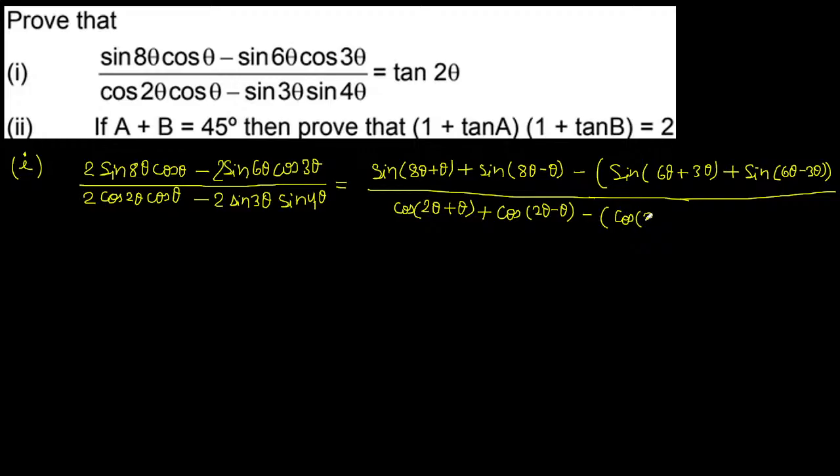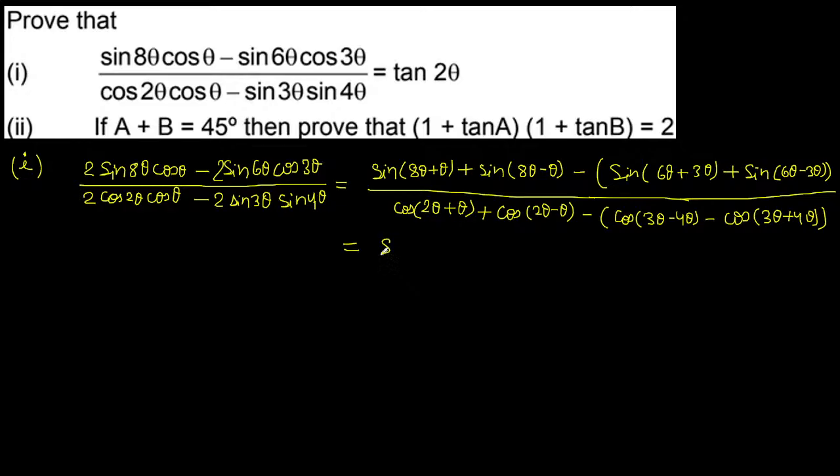Cos 3 theta minus 4 theta minus cos 3 theta plus 4 theta. Okay. So normally remember the value. I think second number we have already done proof in last lecture.